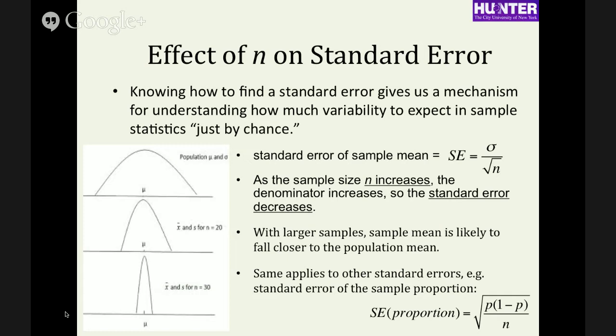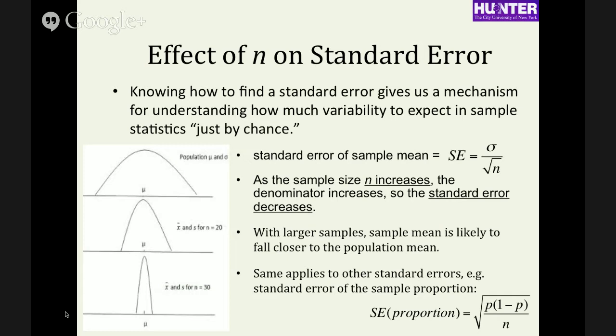And of course, as a result of this decreasing standard error, for large sample sizes, the mean of any one sample is likely to fall closer to the population mean.